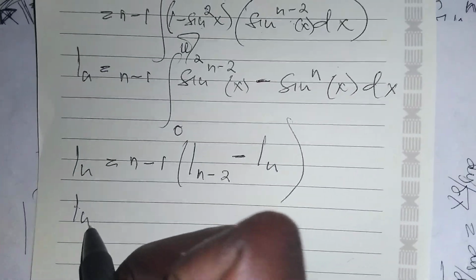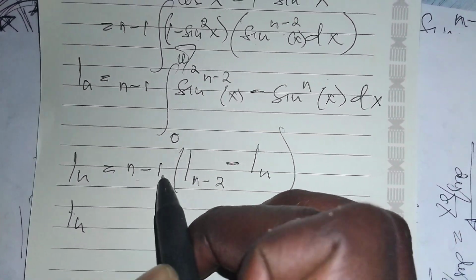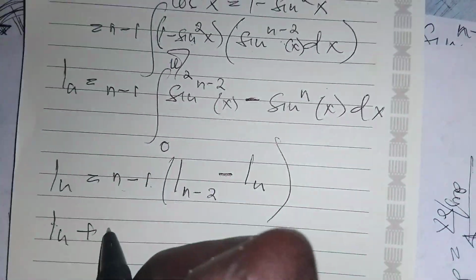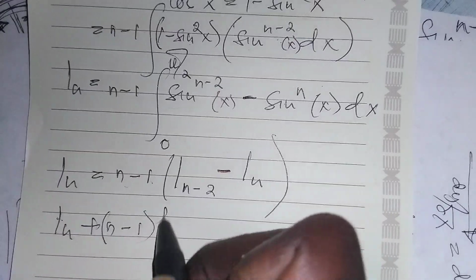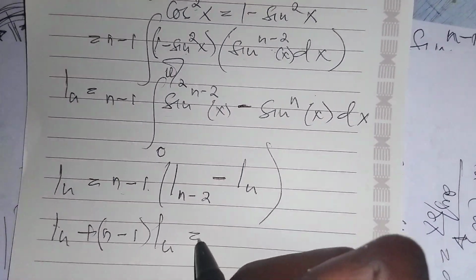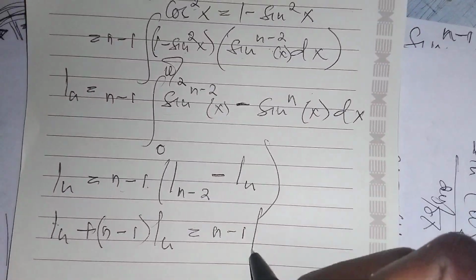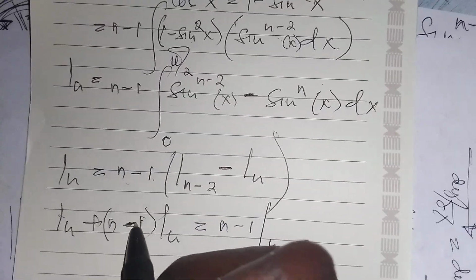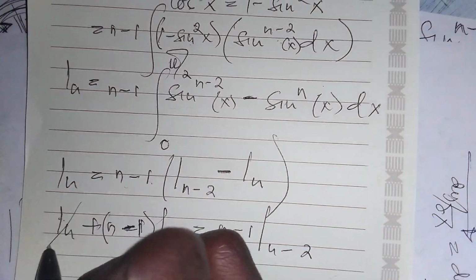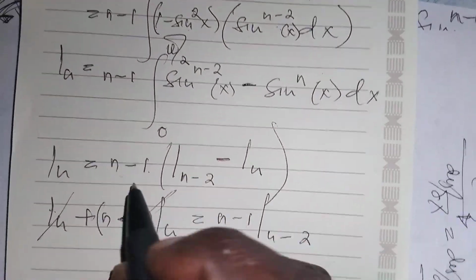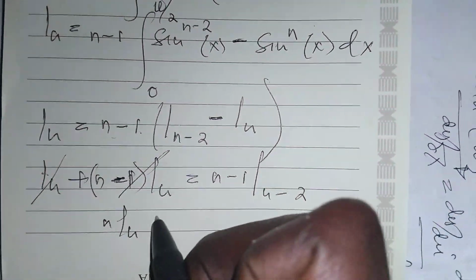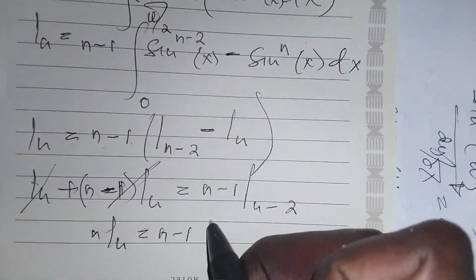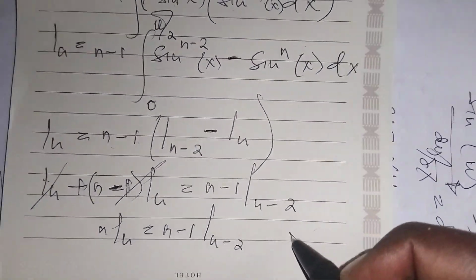So you'll have In, this is negative, so it moves to the other side and becomes plus n minus 1 In, then it equals n minus 1 I n minus 2. This is minus 1 In and this is positive 1 In, this one cancels, we remain with n In equals n minus 1 I n minus 2 as the formula.